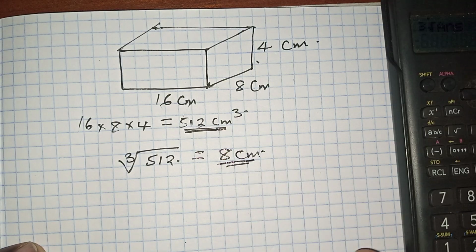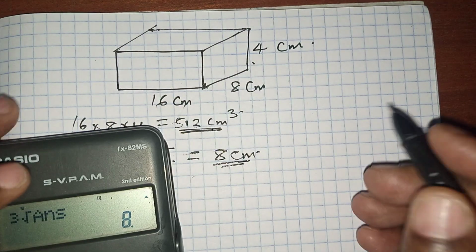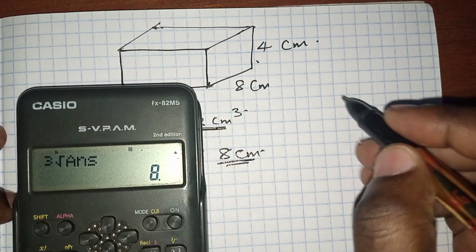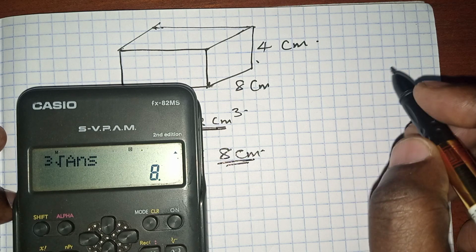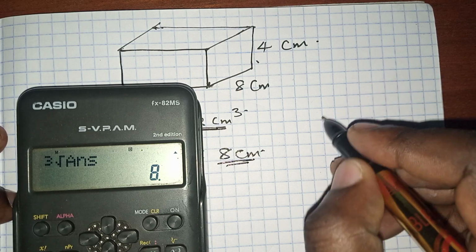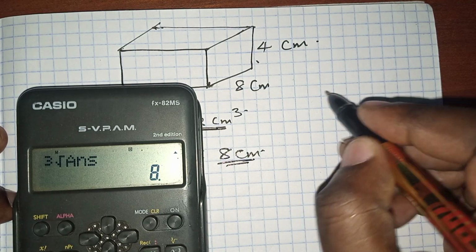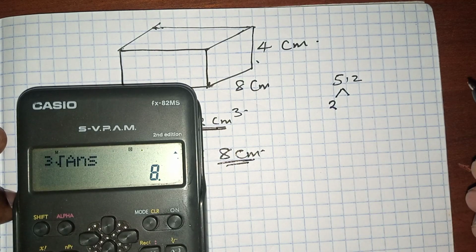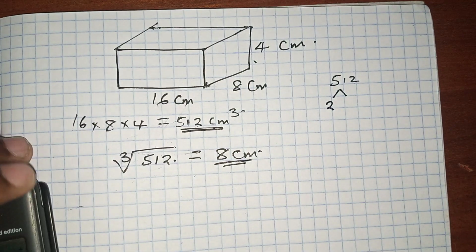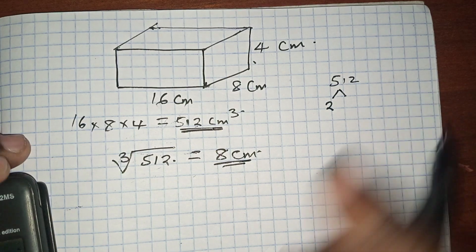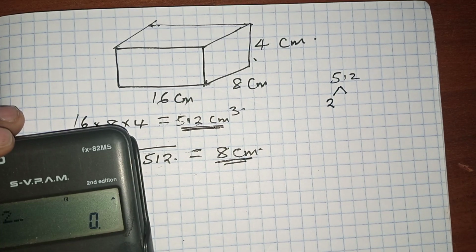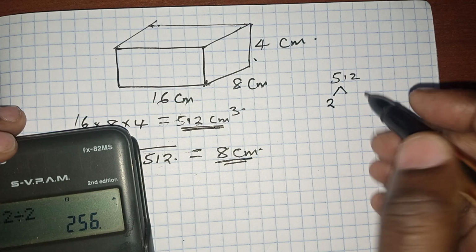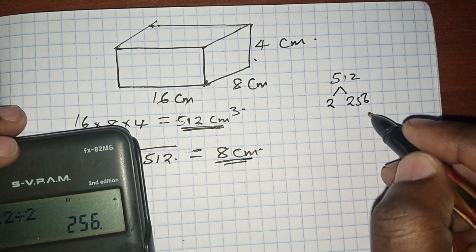But if you want to use the long method, we can use the factor method to get the cube root of 512. If you divide 512 by 2, the smallest prime number, you get 256.